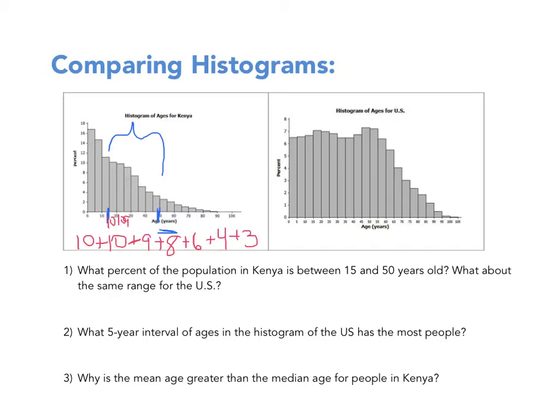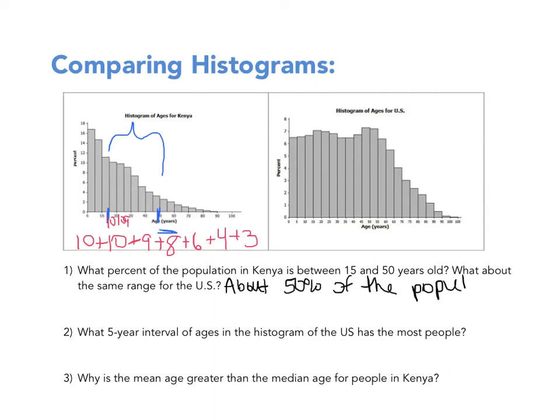So all I have to do is add up these values, and we get 50. So about 50% of the population in Kenya is between 15 and 50 years old. And I need to write that in a full sentence because I was just looking over the Common Core regions from January and from June and from August.